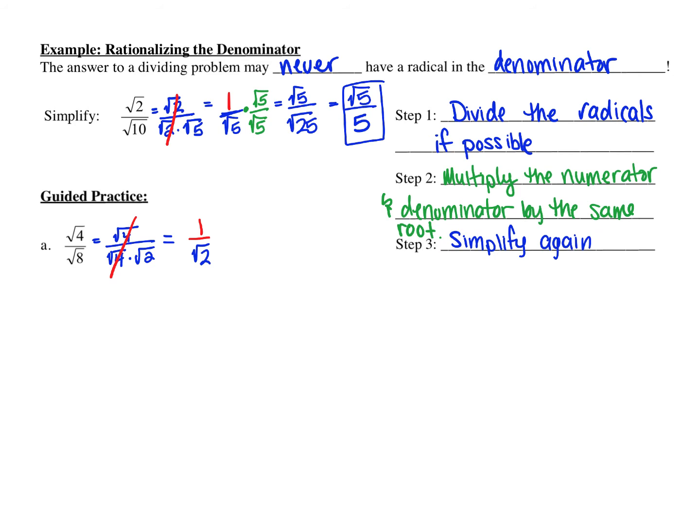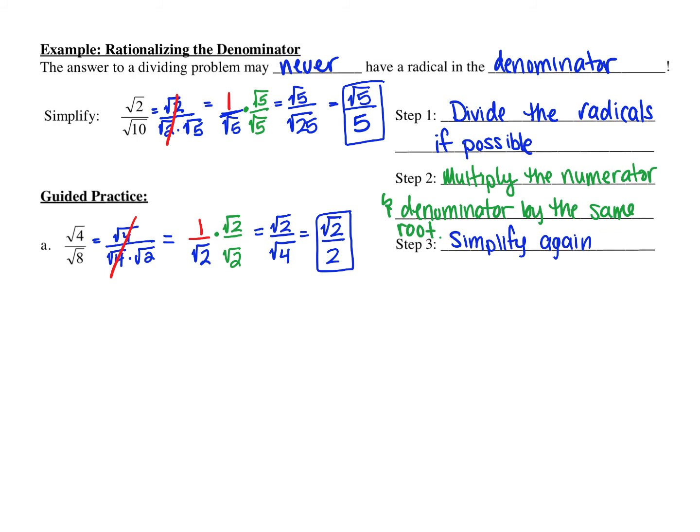So to get rid of the radical on bottom, you're going to multiply by root 2 to the numerator and the denominator. Very similar to when you're creating equivalent fractions or finding common denominators to add unlike fractions. Same idea. So you're going to simplify that to root 2, and then the square root of 2 times the square root of 2 is the square root of 4, and that will simplify to root 2 over 2 for your final answer.